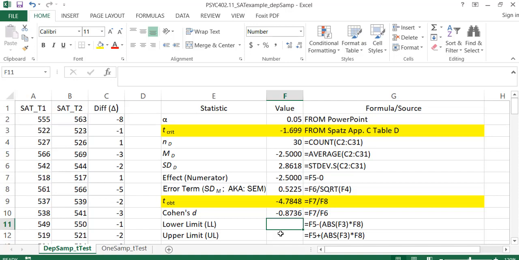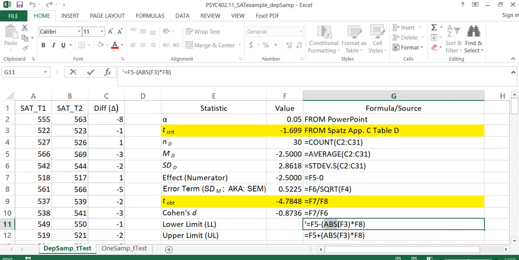And then when we look at the lower and upper limits, before I've mentioned the idea of absolute values. And in some cases, that is important for calculating the lower and upper limit, because if t critical is negative, which it is in this case, if I multiply a negative value times whatever my standard error of the mean is, then I end up with a negative value.